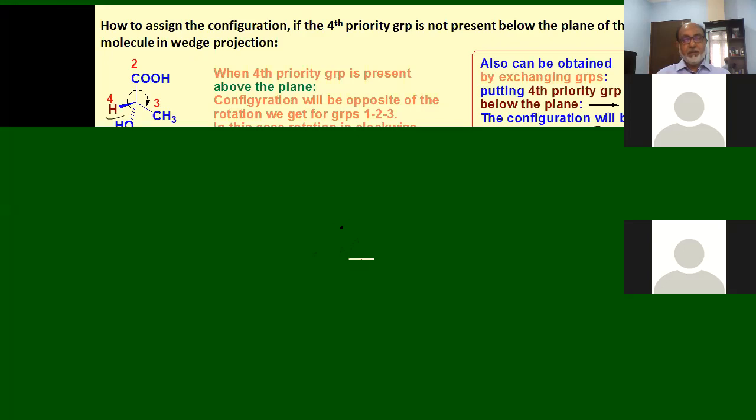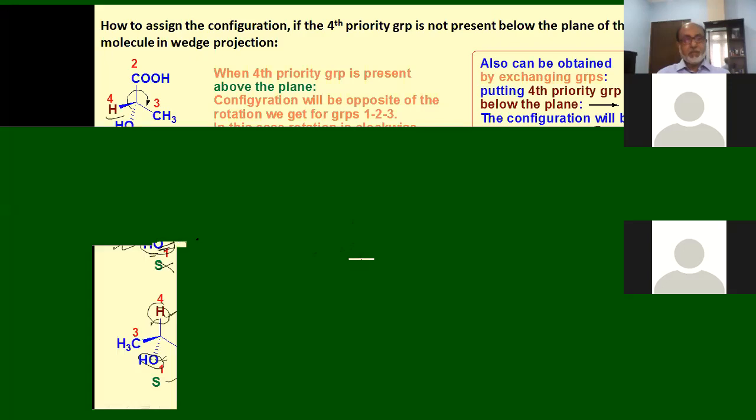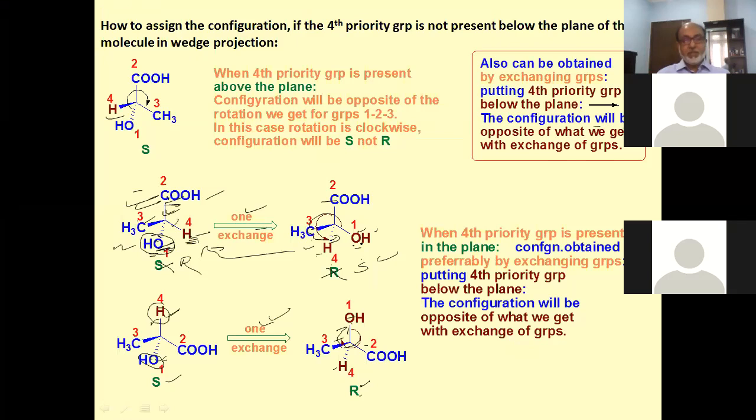No. You see here, we have exchanged with this one, OH has come here, hydrogen we have brought it here. Just see, OH has come here, hydrogen has gone here. This is 1, 2, 3. So what is the rotation? Anti-clockwise, S. Yes, S. I wrote R here, that was a mistake. Got it?